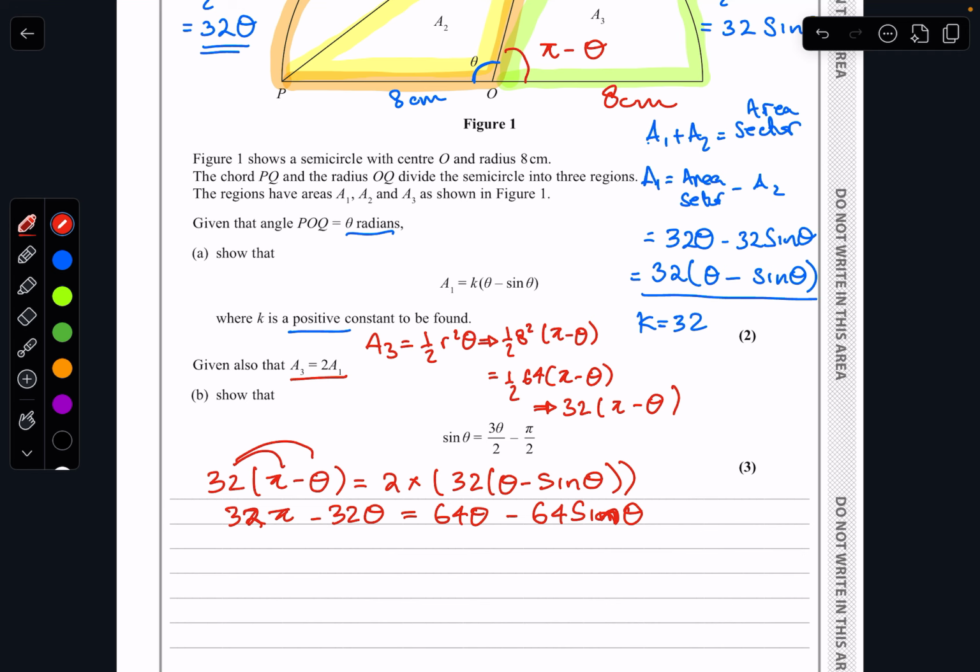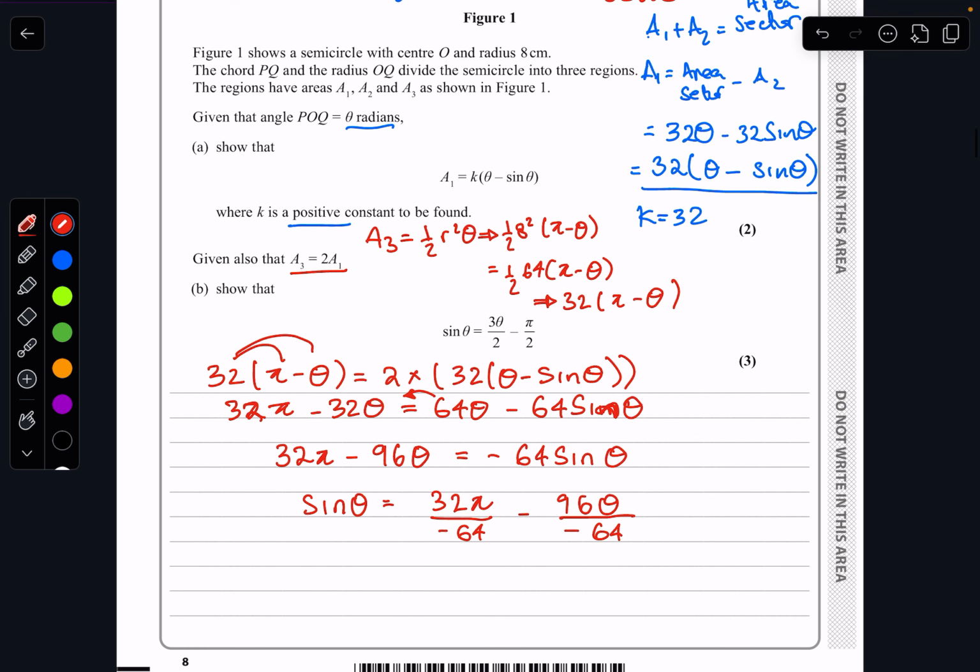So I can move the 64 theta to the other side, so that becomes minus 64 theta. So I can rewrite this as 32 pi minus 96 theta, because minus 32 theta minus 64 theta gives us minus 96 theta. That's equivalent to minus 64 sine theta. From here, I can make my sine theta the subject by dividing both of these elements on the left-hand side by minus 64. If I do that, sine theta becomes equivalent to 32 pi over minus 64 minus 96 theta over minus 64.